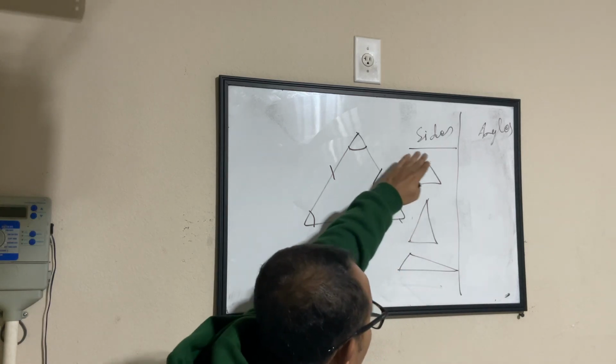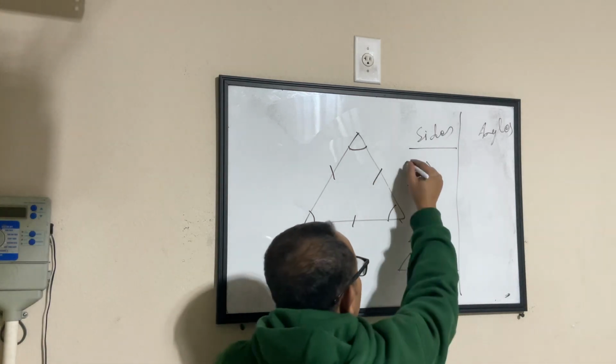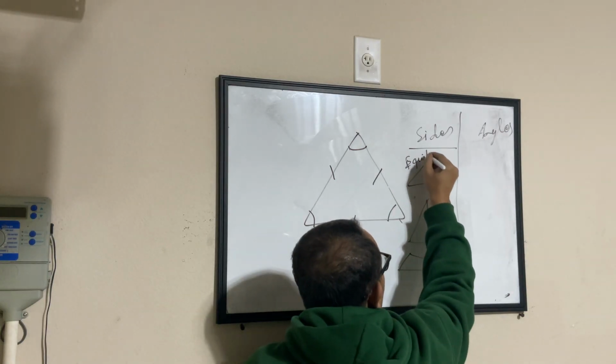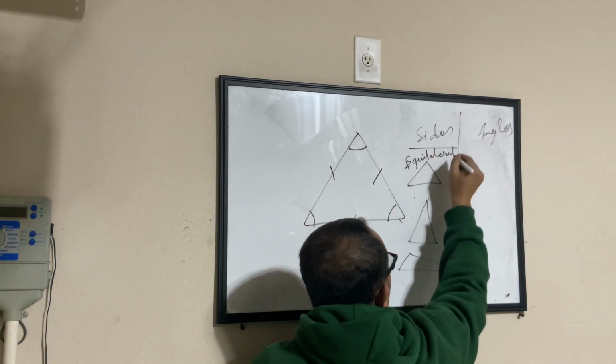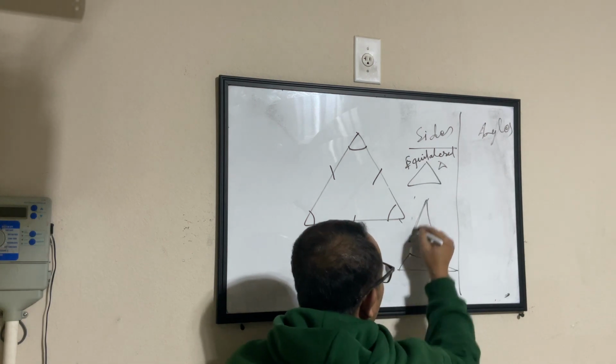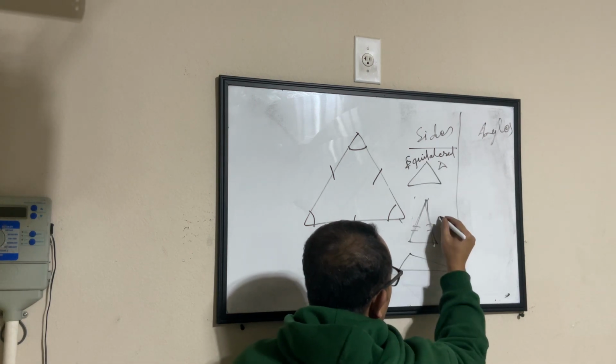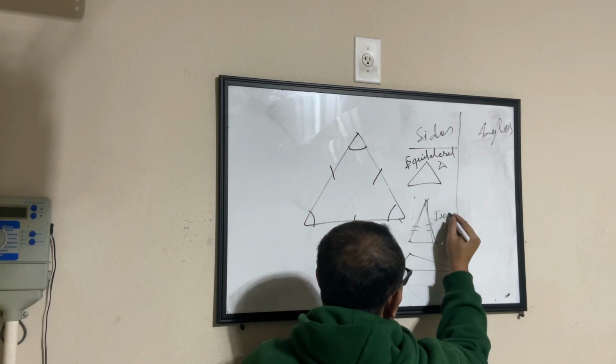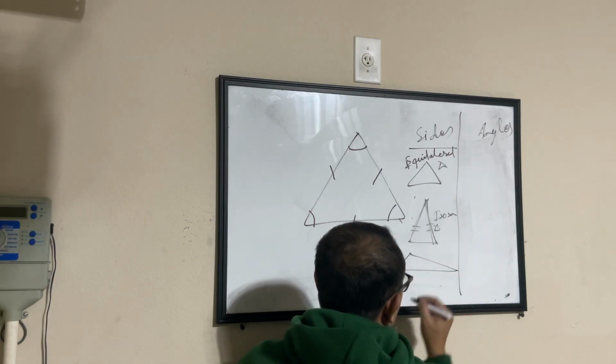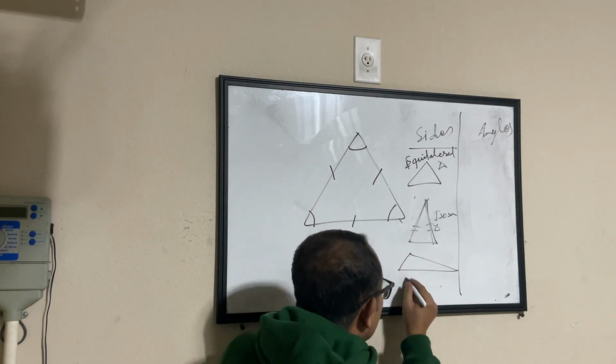One situation when all the 3 sides are same. This is nothing but equilateral triangle. When only 2 sides are same, this is called isosceles triangle. And when all sides are different, this is called scalene triangle.